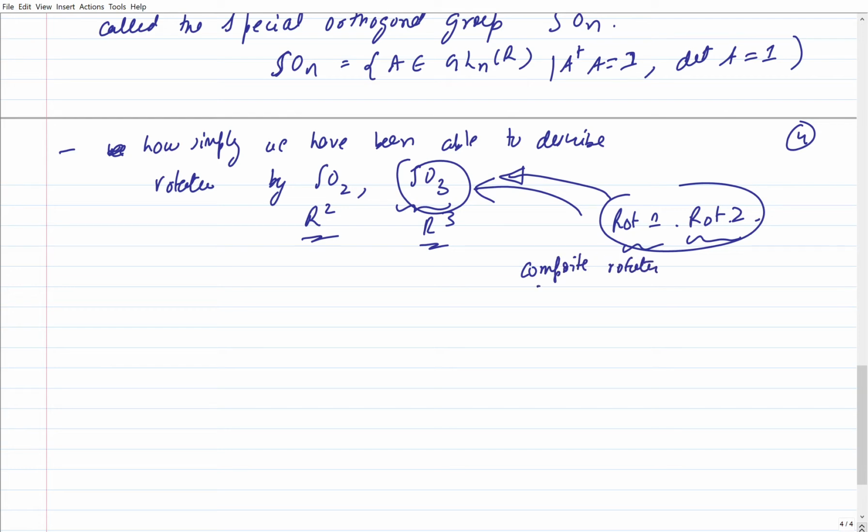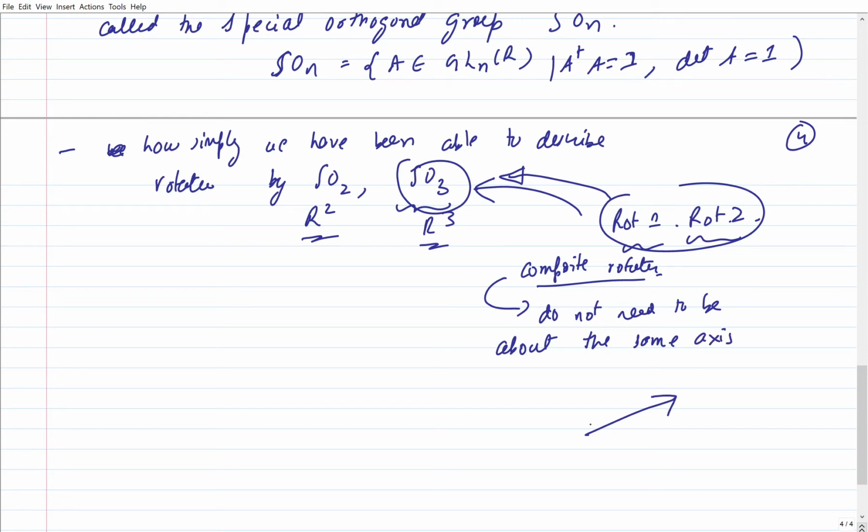And mind you, the beautiful thing is that they do not need to be about the same axis. So I can assume I have an axis, let's say the axis is pointing down towards the plane.